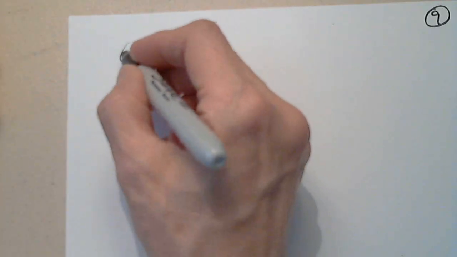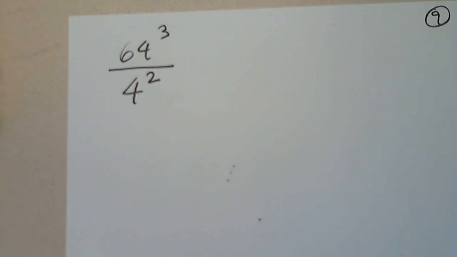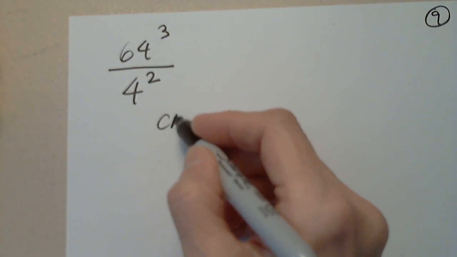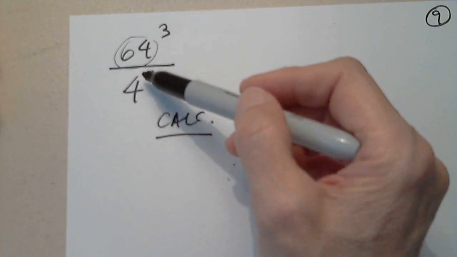Okay. Let's take a look and simplify 64 to the 3rd power over 4 to the 2nd power. There is a problem here. We have to be careful. One possibility is using the calculator. You cannot, they don't have the same base.